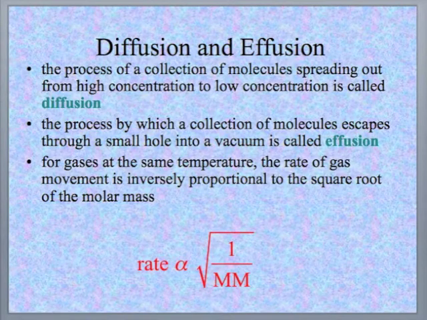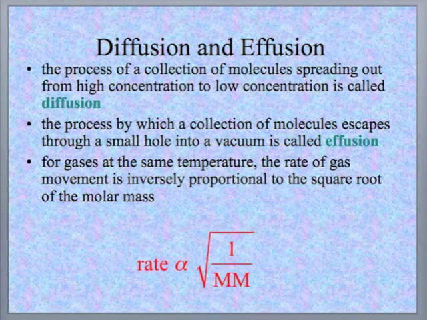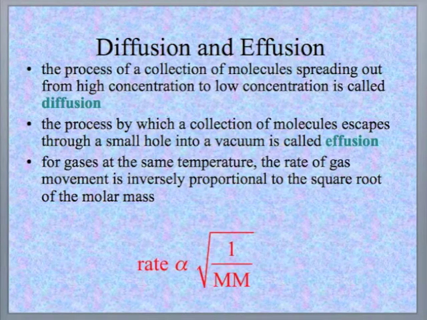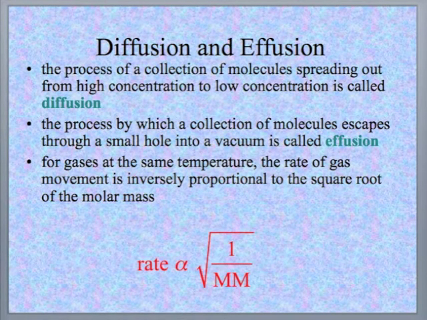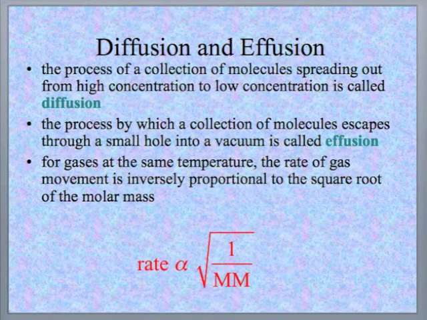Now, for gases at the same temperature, the rate of gas movement is inversely proportional to the square root of the molar mass. And that's understandable now because you know KE, kinetic energy, equals 1/2 mv squared. So you see that mass is there, and then the square of the velocity is there.